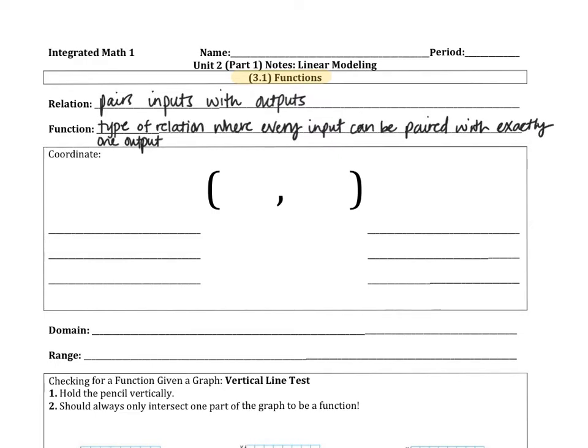This is the big idea of this section: every input can be paired with exactly one output.